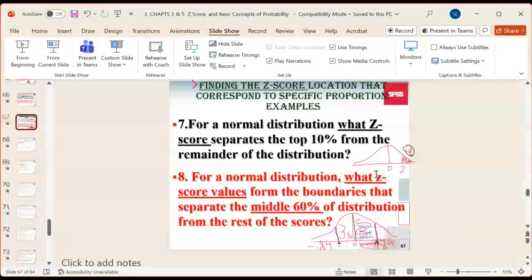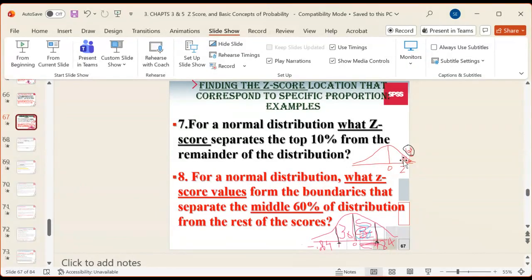So again, you need to have your distribution. That's your z, as I illustrated the top one, with the mean of 0, standard deviation of 1. You know that the total area under the curve is 100%. So you draw a hypothetical line, like I did.